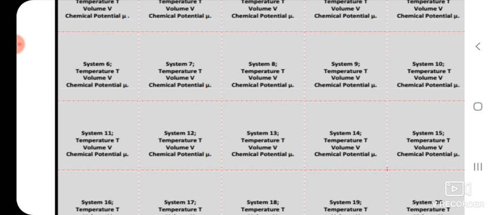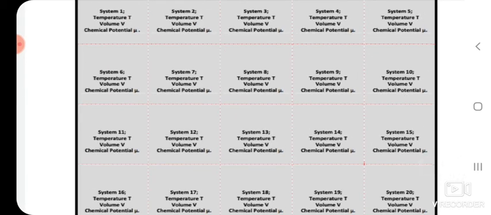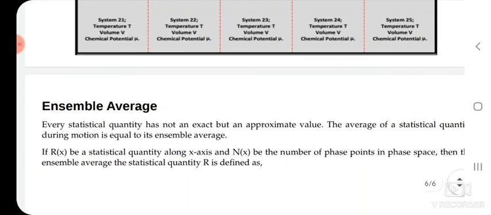As the inner separating walls are conducting and permeable, the exchange of heat energy as well as of particles between the systems takes place in such a way that all the systems achieve the same common temperature T and chemical potential mu. That is why this kind of ensemble is called a grand canonical ensemble.